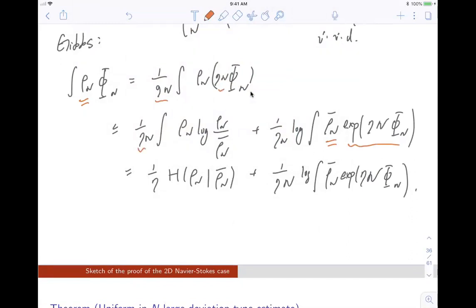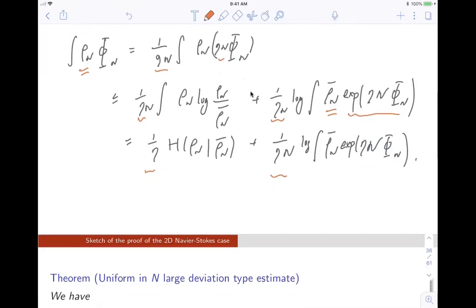We just put a factor here and there. The really important thing is the following: phi x rho n, then rho n log of rho n over rho n bar, plus the log of the exponential.